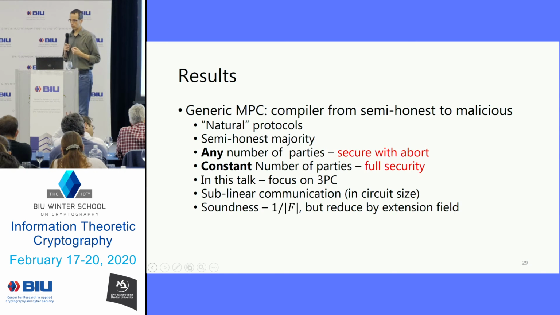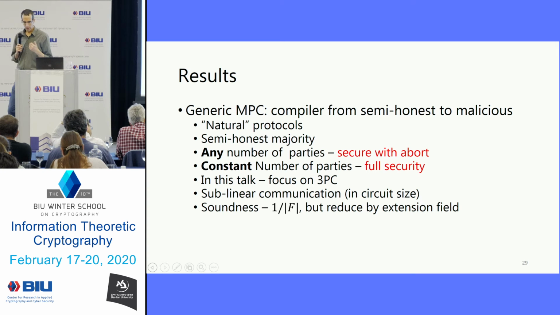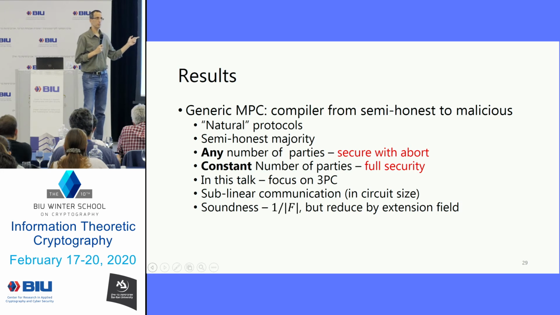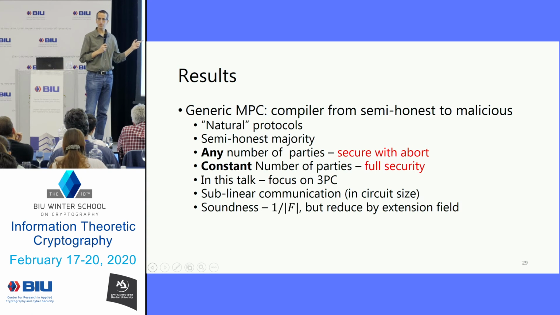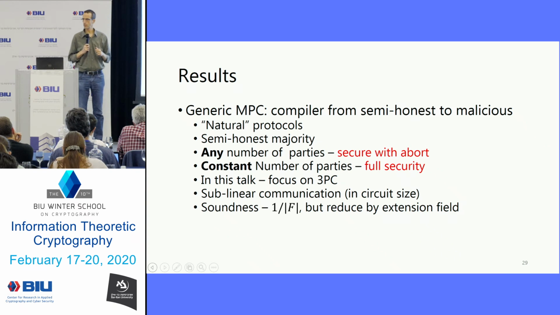Now, MPC protocols or circuits can be over various fields. We can have them over very small fields, say Boolean circuits. In that case, the soundness would be 1 over 2, which isn't good enough for us.